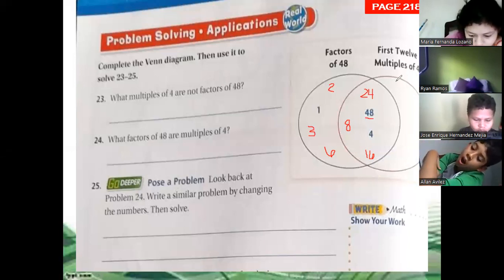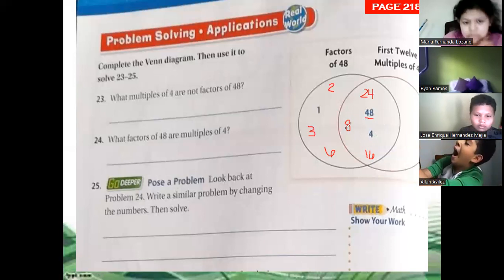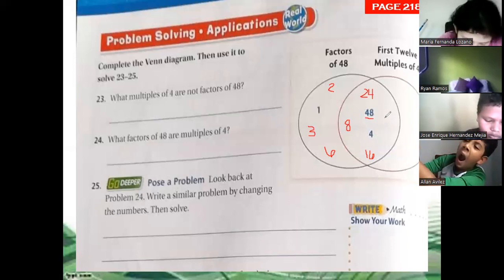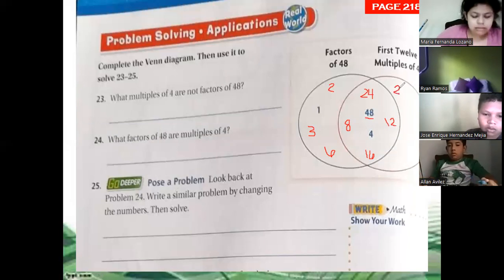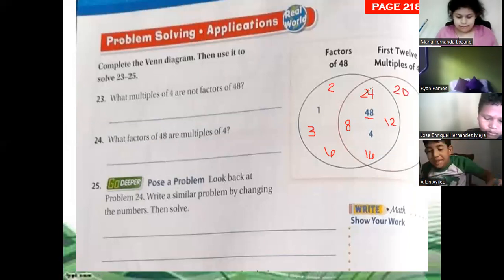4 times 1, 4. 4 times 2, 8. Times 3, 12. Times 4, 16. Times 5, 20. Times 6, 24.